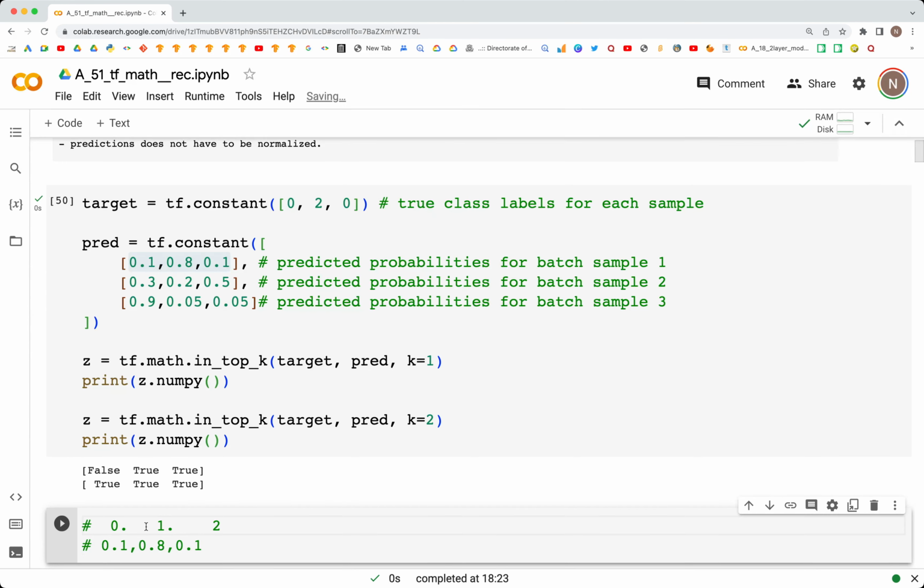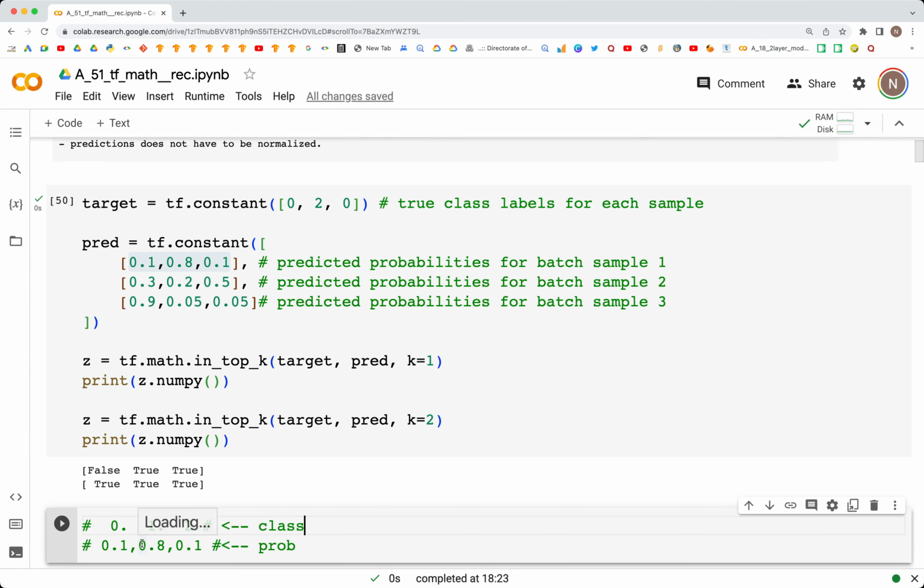And accordingly, we can put the real classes that are there. So this is the true class, or instead of saying true, just say class, and this is the probability.